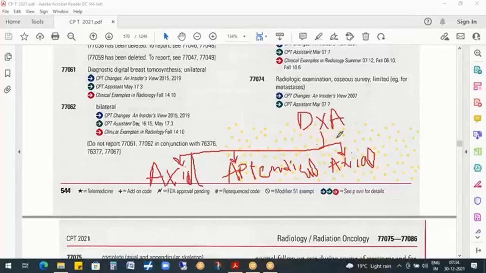Fourth one, only vertebral fracture assessment.